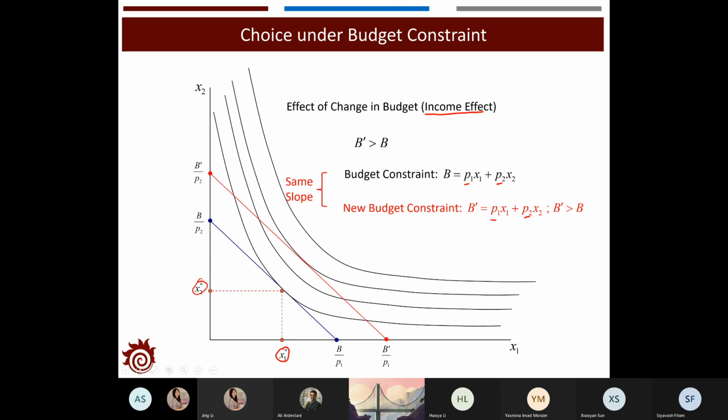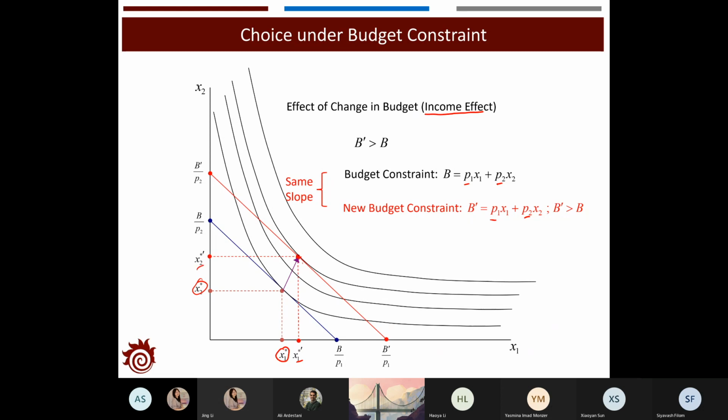So with the increased budget, we will have a new budget line, and on the new budget line, you will also have a new optimal solution. Let's say this is x1 star prime and x2 star prime.